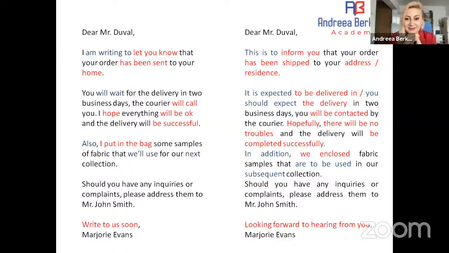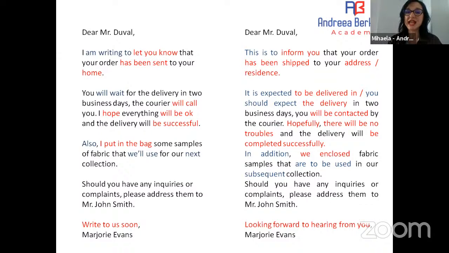And instead of put in the bag, we say enclosed. We enclosed fabric samples that are to be used, that we will use, that are to be used. Gives it a little bit of a more official sound to the letter, to the phrase, rather than we will use.